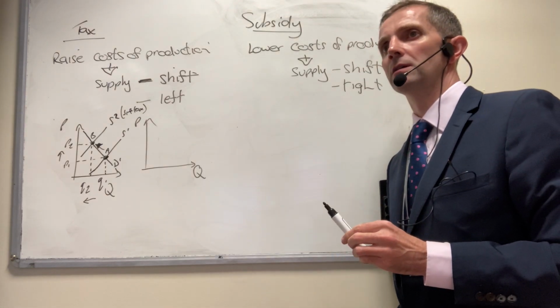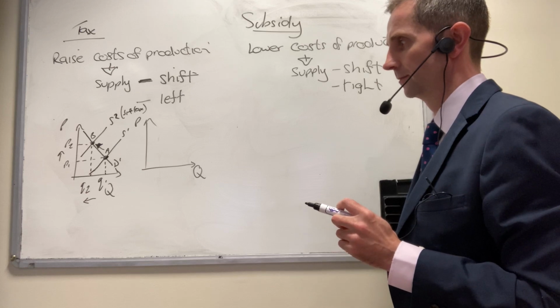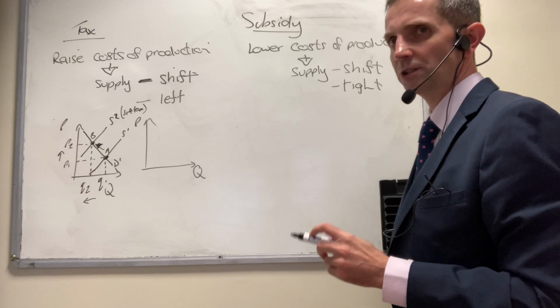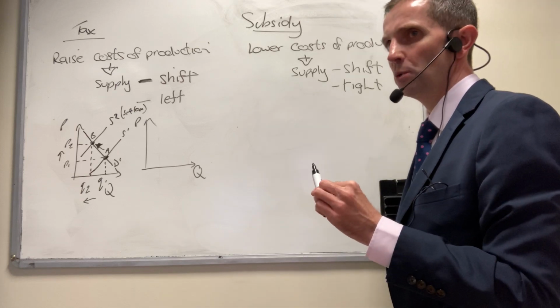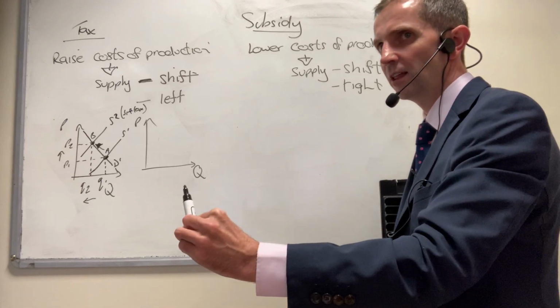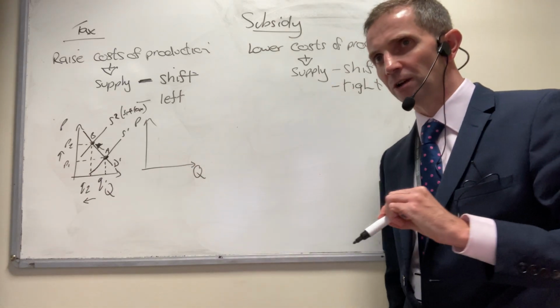Is that okay, Besa? So the tax increases the cost of production. As a consequence, the supply curve shifts to the left, price is up, quantity demanded and supplied is down.